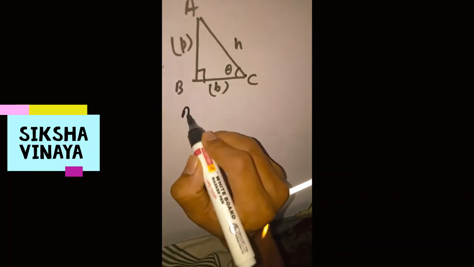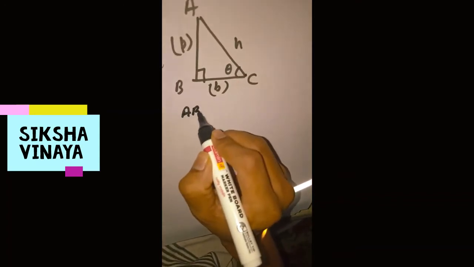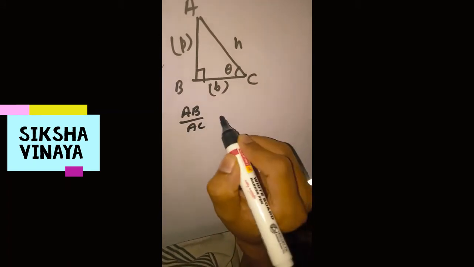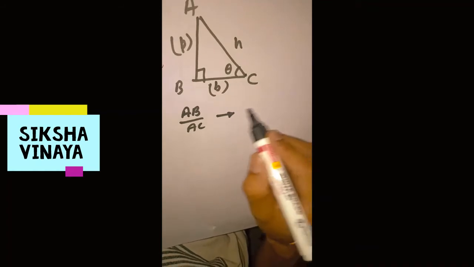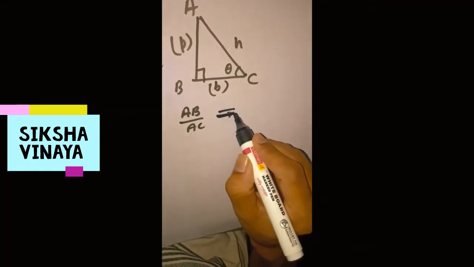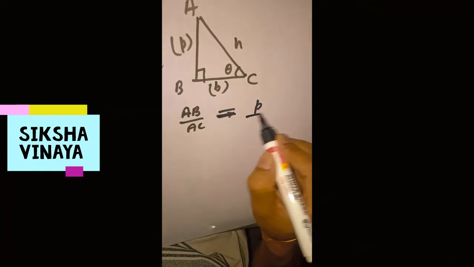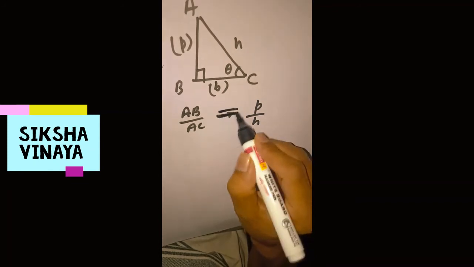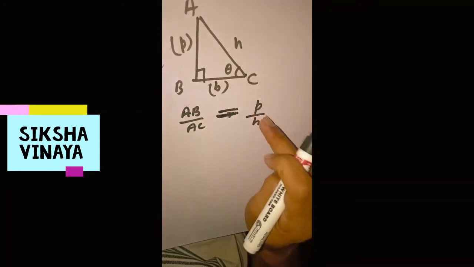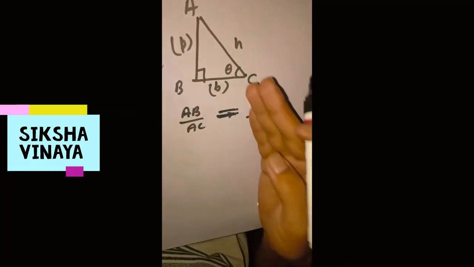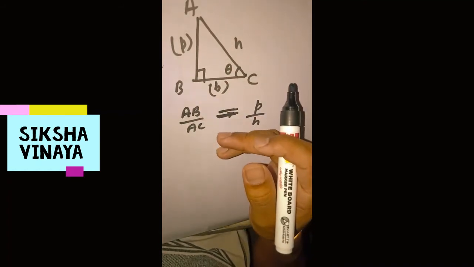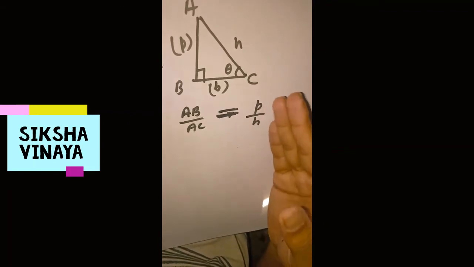Have you got my point? If I take the ratio AB by AC, you can say it is nothing but P by H, because AB may be B or P according to the viewing perspective.